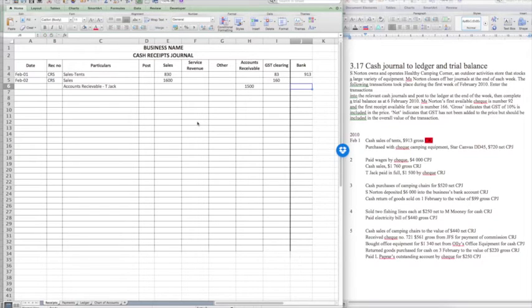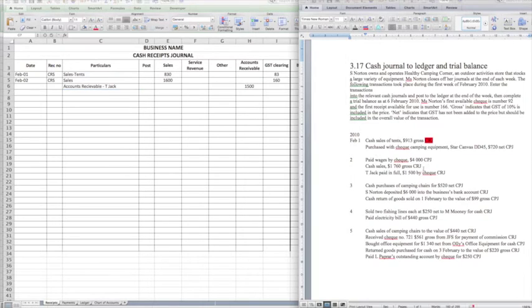We don't pay GST on our accounts receivables, so that goes straight into the column. We don't need to worry about subtracting anything for GST. And then we'll total everything that happened on that day to pop into our bank column, which comes to $3,260. Be sure to cross these transactions out so we remember that we've already done them.